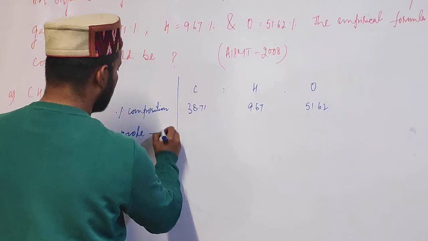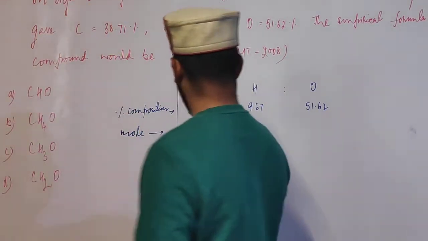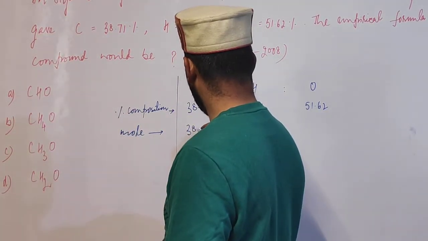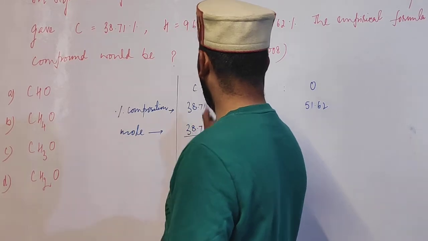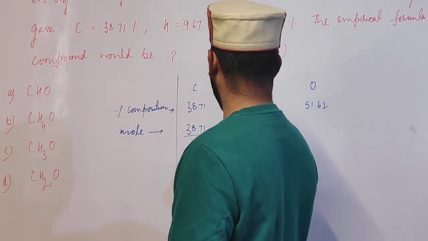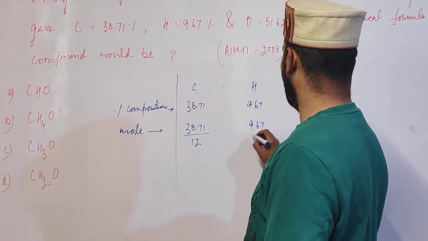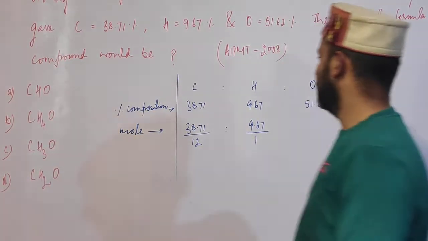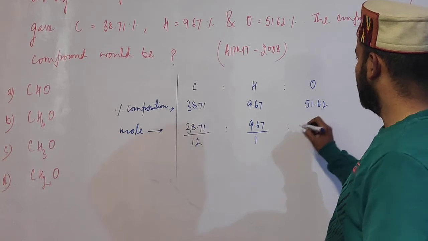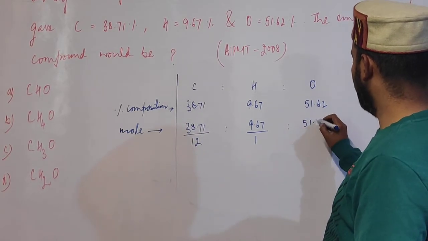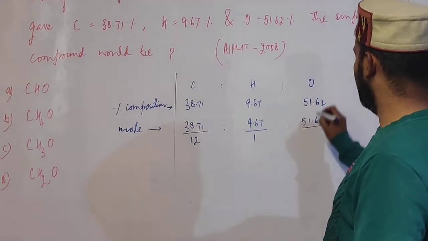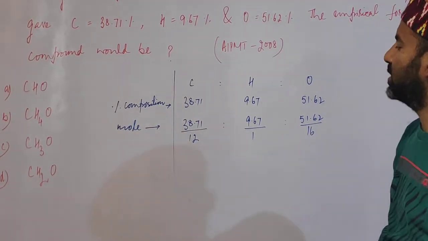Now students, the second step is to find moles. So how do we find moles? It is weight divided by molar weight. For carbon, that is 12. For hydrogen, it is weight of hydrogen divided by molar weight of hydrogen, that is 1, and this is 51.62 weight divided by molar weight of oxygen, so it is 16.